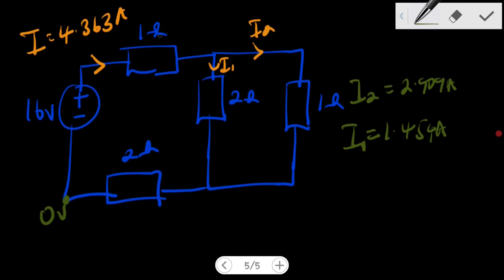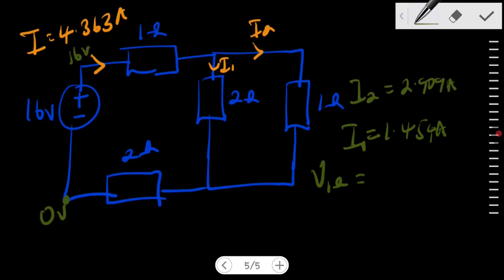The potential difference across this resistor, right? Let's say V across the 1 ohm resistor would be equal to, but I know that the potential at this point initially is 16 volts, right?